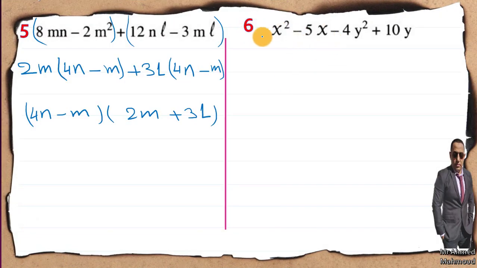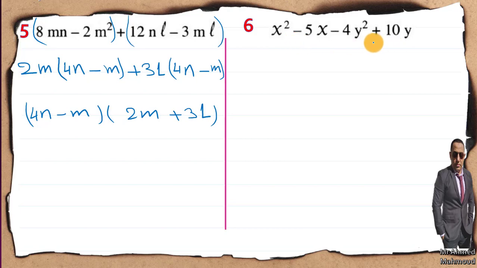Here is the first one. In this one I have x power of 2. Looking carefully, if I take x as a common factor, inside the bracket I will have x minus 5.